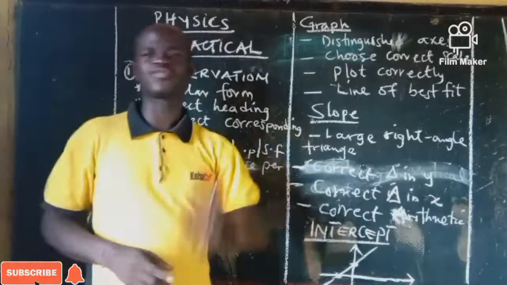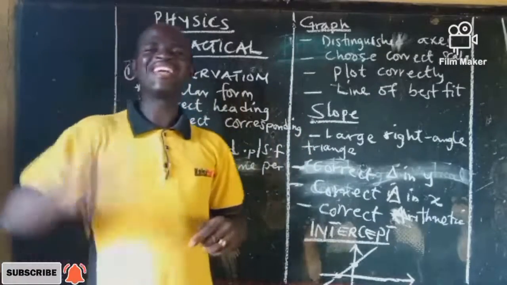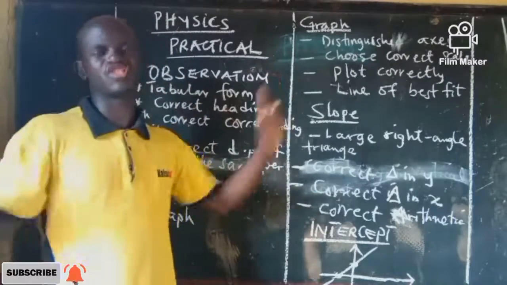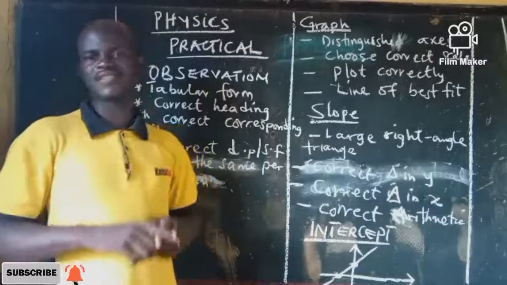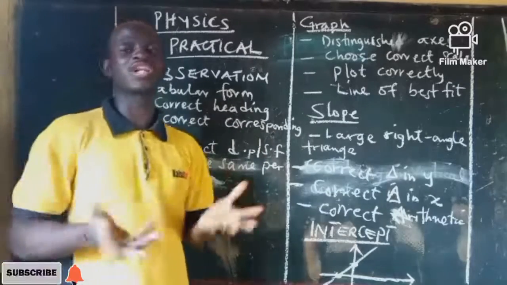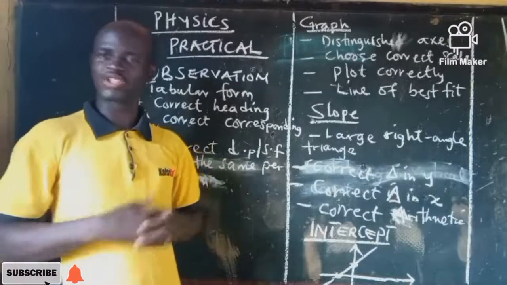Please take note of the type of triangle. It's not an ordinary triangle, but what? A right angle triangle. And it must be large. Very, very large. At least 1/3 of your graph page.